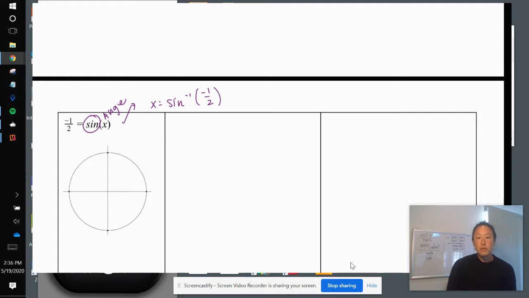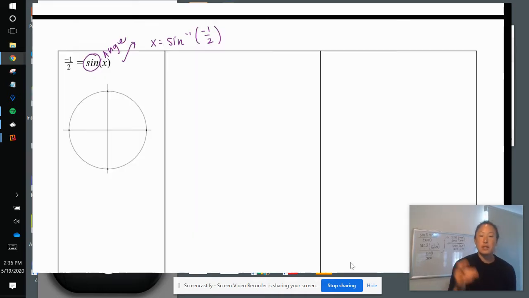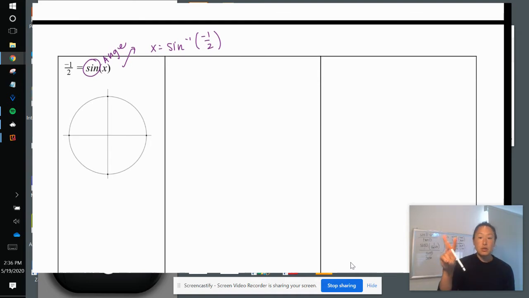All right, now I need to figure out, since the ratio is negative, where my two answers, my two equations basically, are going to come from. The primary values come from the first and the fourth quadrant. Sine ratios are negative in the fourth and the third quadrant.